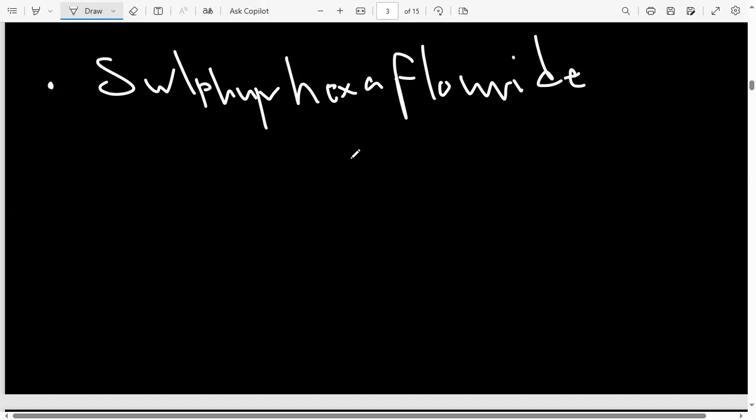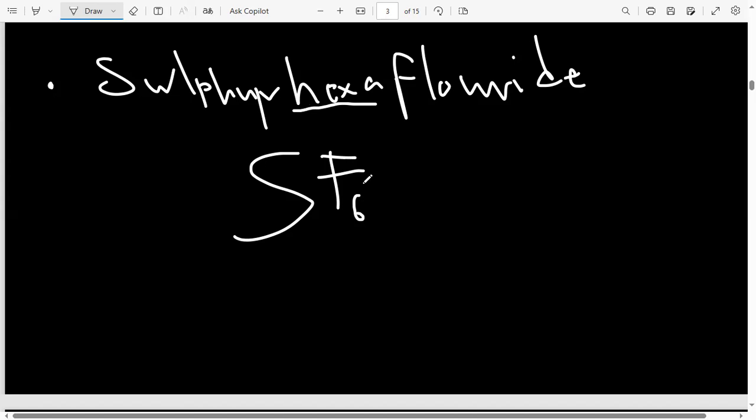Did you say L? The symbol for fluoride has no L, it's just a capital letter F. So you're going to say S for sulfur, and then F, and take note that we have 6 of them, so we put a 6 here. So this is sulfur hexafluoride.